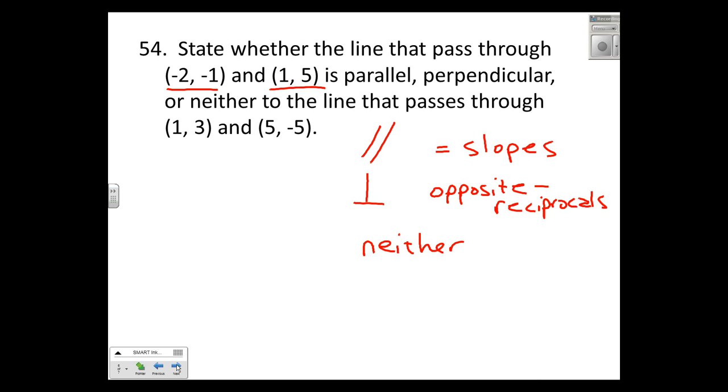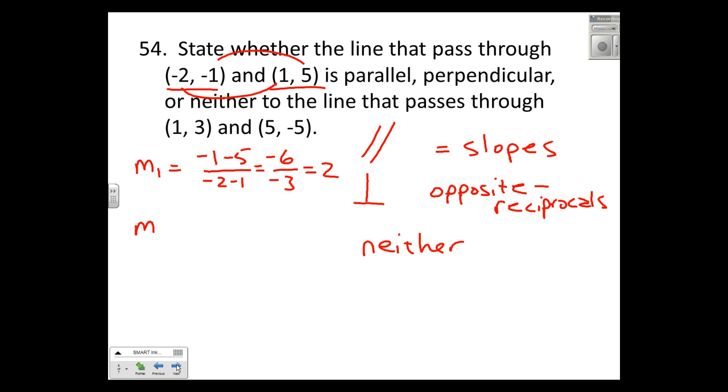So I'm going to find two different slopes. Slope of the first line I'll call slope 1. y's change from -1 to 5 as x's change from -2 to 1, giving me 6 on -3, or -2... or rather 2 as recorded: -6 on -3, or 2.